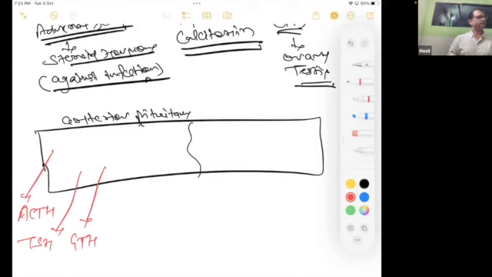Is it clear? And the posterior pituitary is secreting hormone oxytocin and ADH. इनके काम क्या है वो देखेंगे.